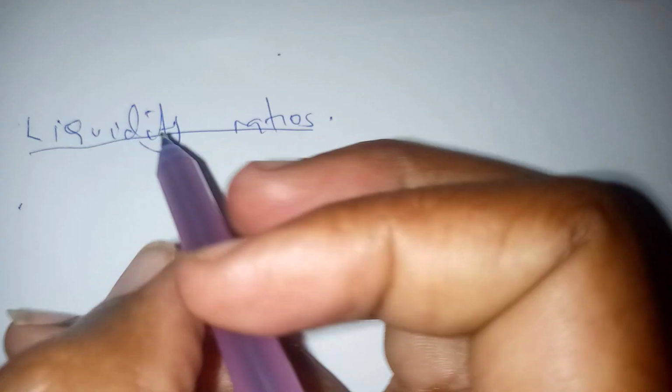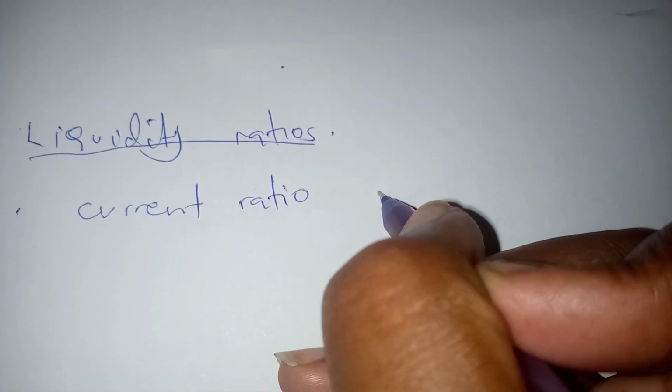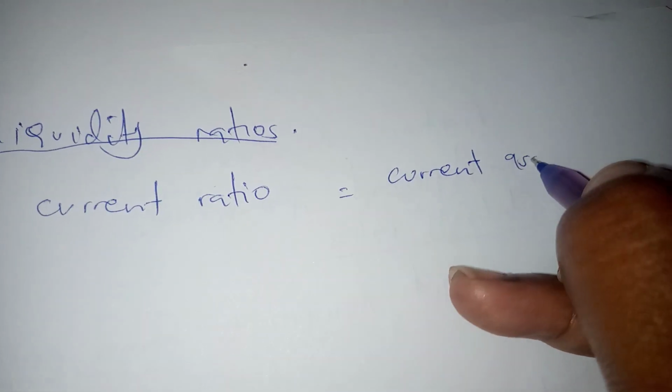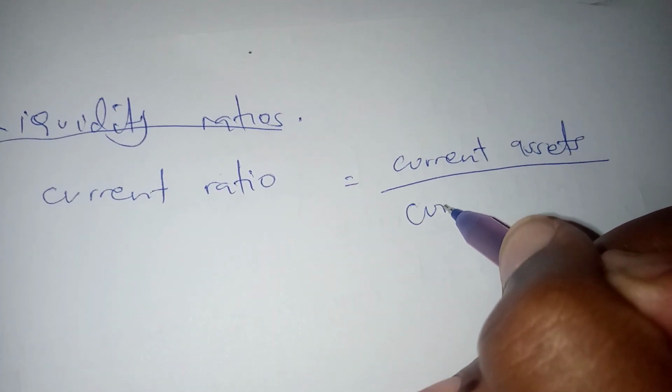Then we shall have the liquidity ratios. There are only two. The first one is the current ratio, where we have current assets divided by current liabilities.